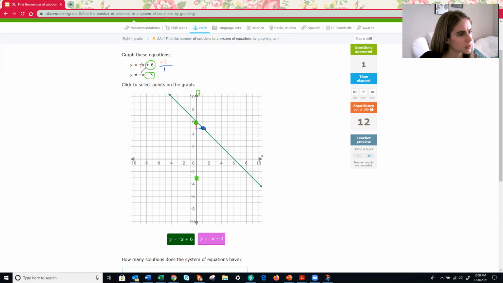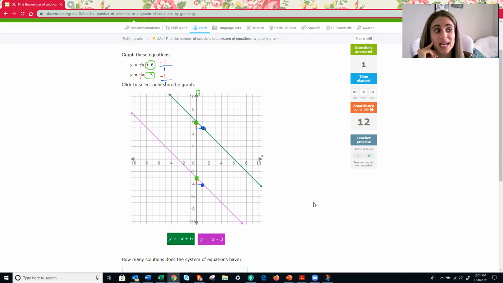Oh, interesting. Our slope is a -1 over 1 again. So they have the same slope. Any ideas what that means if your lines have the same slope? What do you notice about those lines?